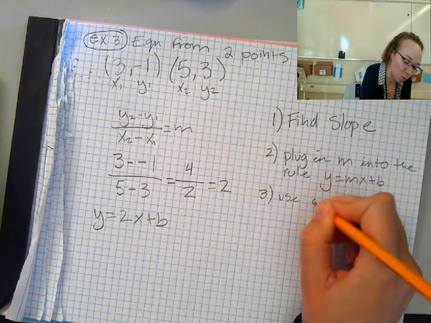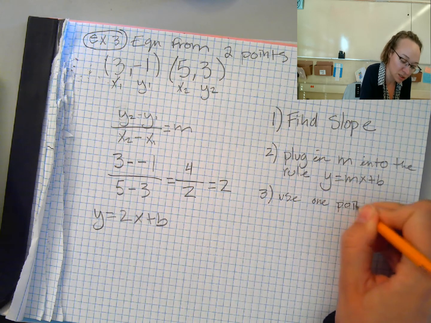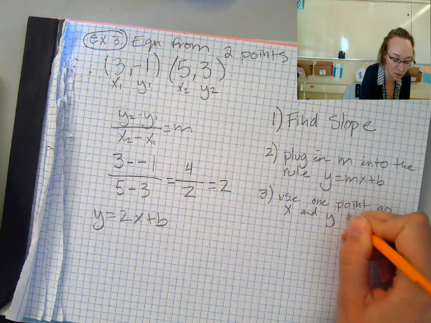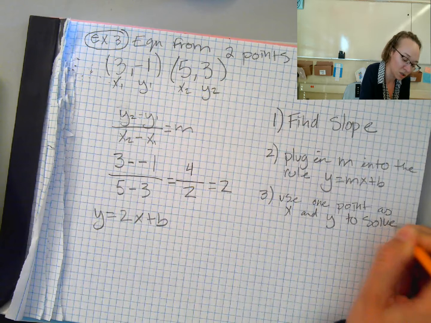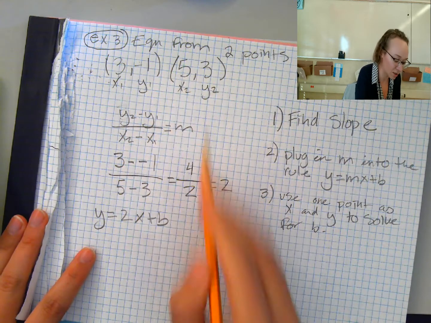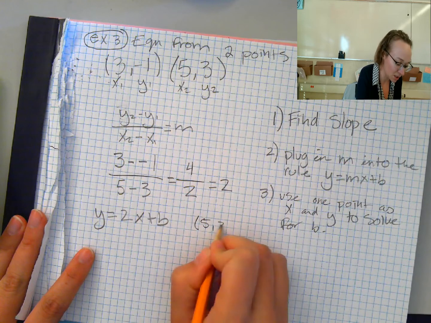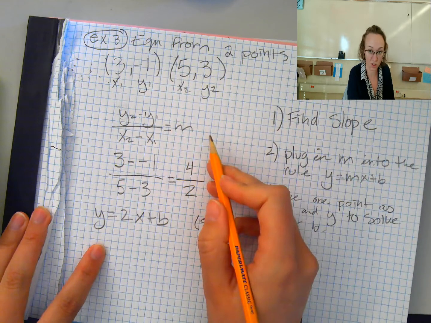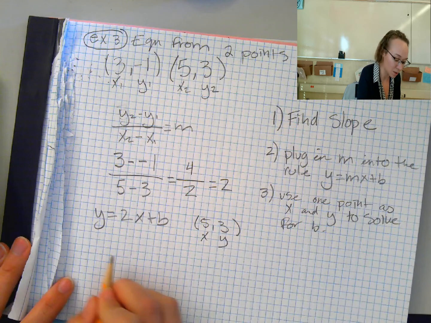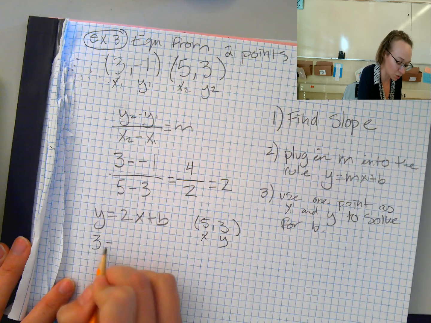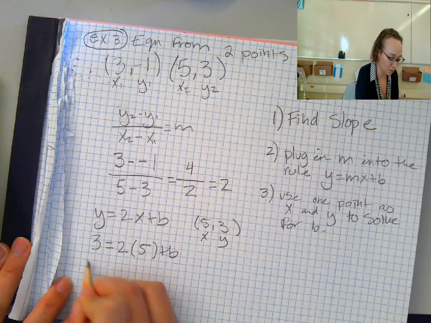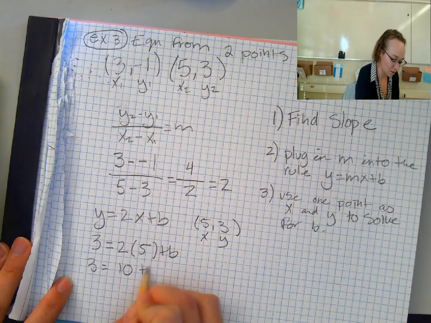Use one point as x and y to solve for b. So I'm going to pick this guy right here, (5, 3). It has to be one of the original points, you can't just make up a random point. So x, y, that means 3 equals 2 times 5 plus b, 3 equals 10 plus b.